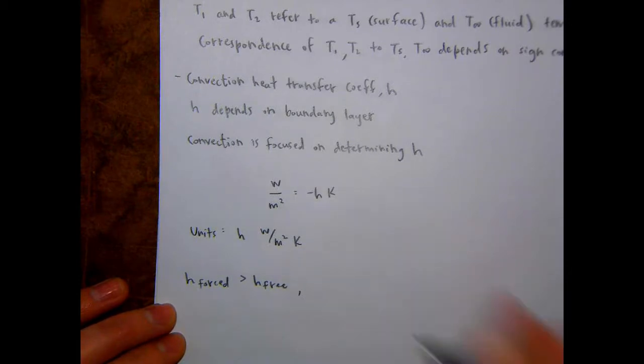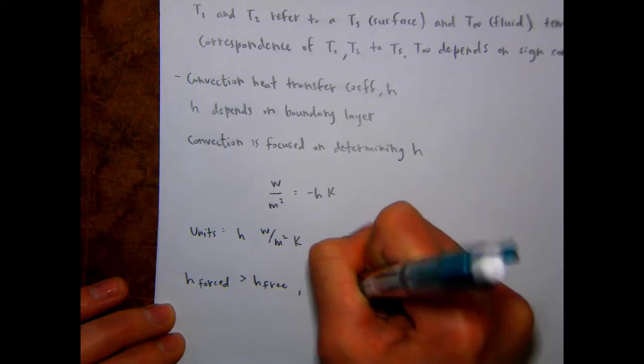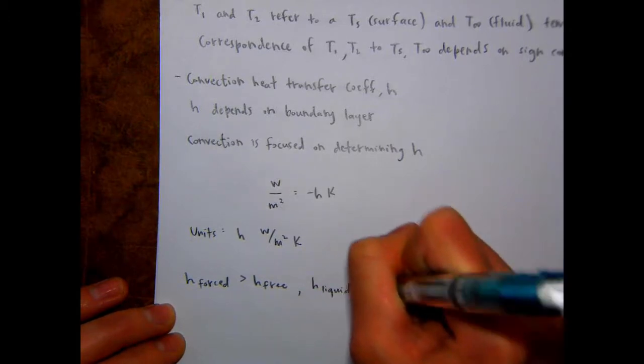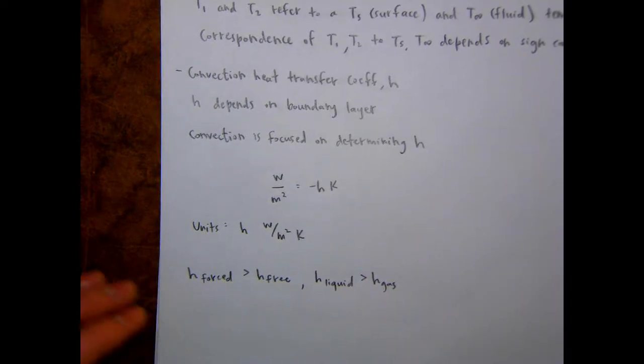And then you can have a fluid, a liquid or a gas flowing over a solid surface. And the H of the liquid is going to be larger than H of the gas, for the same reason that conduction is faster in a liquid, just because there's more molecules and they're packed closer together.